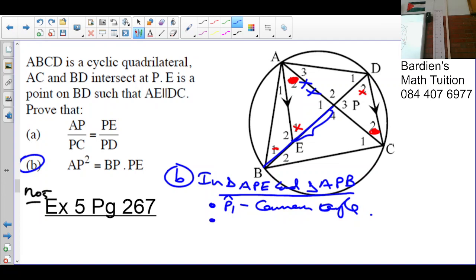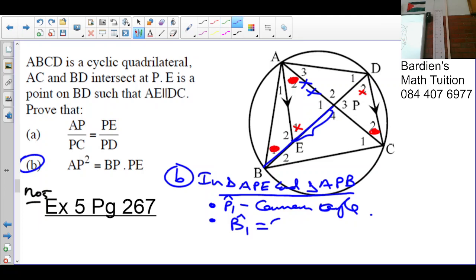We can prove that A2 is equal to B1. Have we stated that at this point already? No. So we must state it first. So we know that angle B1 is equal to angle C2. Why?